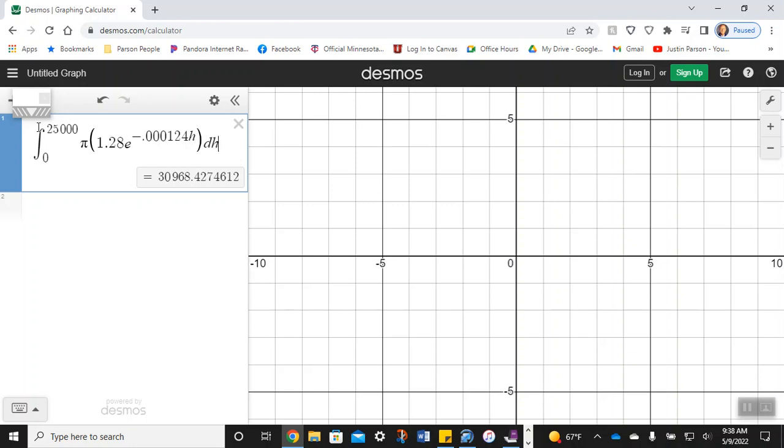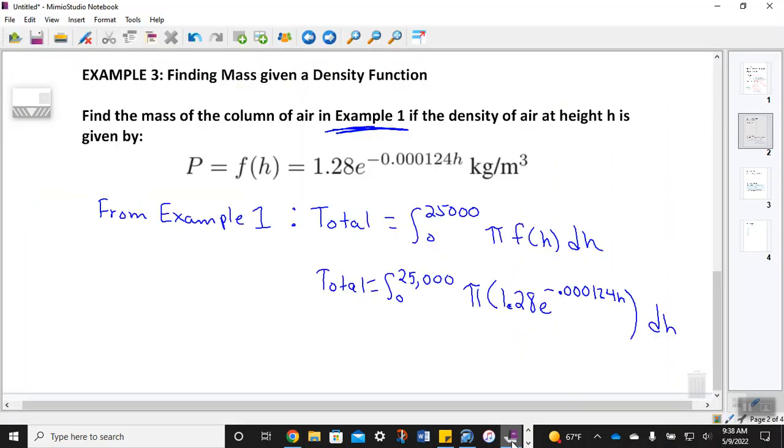Agree with that? All right, so the total was 30,968.4. Does that factor in gravity too? Yep. So if we were to do the same measurements in space... It's funny, because in the next few sections we're going to get into gravity, and we're going to talk about escape velocity.